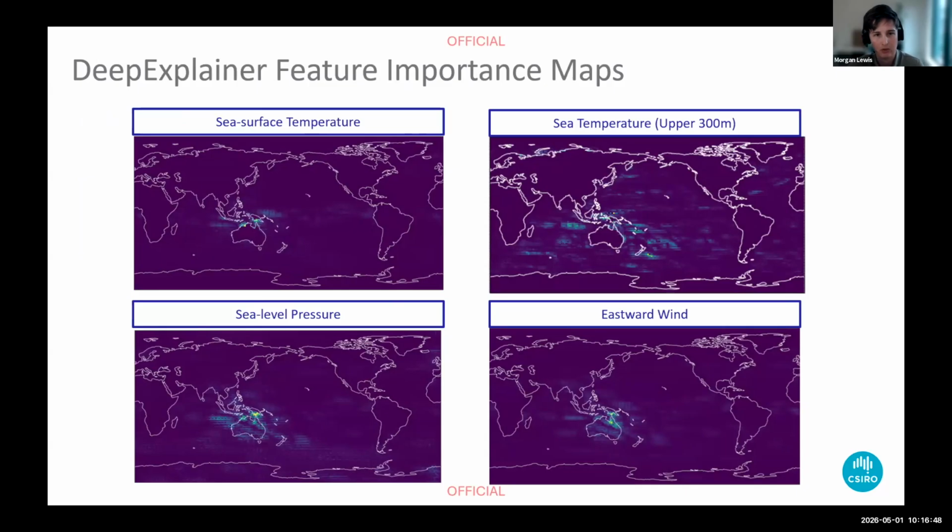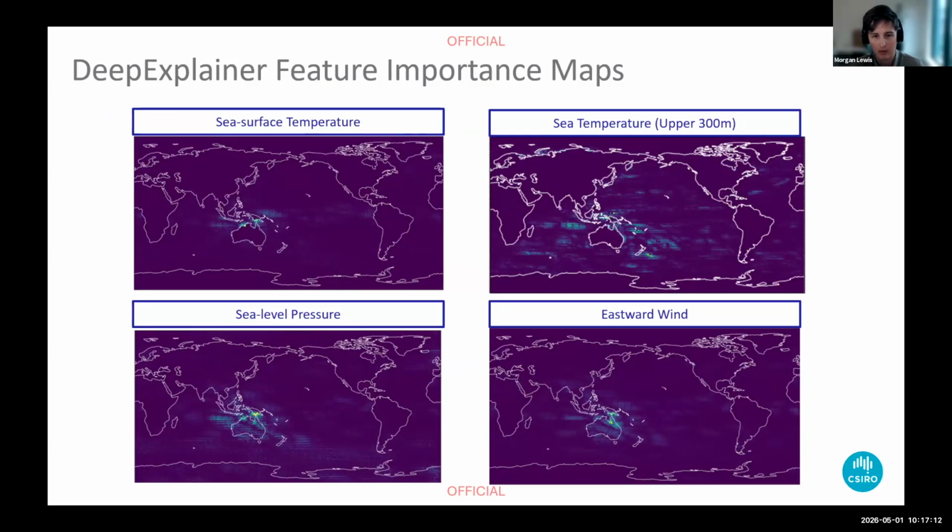We're able to look into the 4 feature maps that were input into it and split it down by each particular one. So we're able to see in a lot more detail here the features that are most contributing to that single average rainfall over Australia as well.